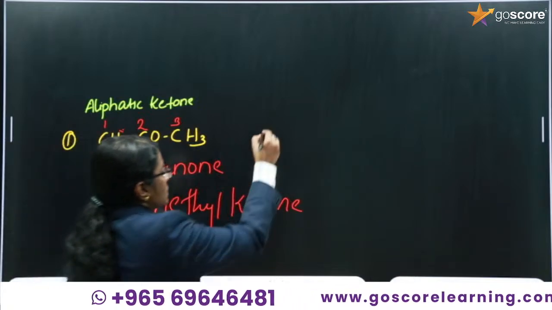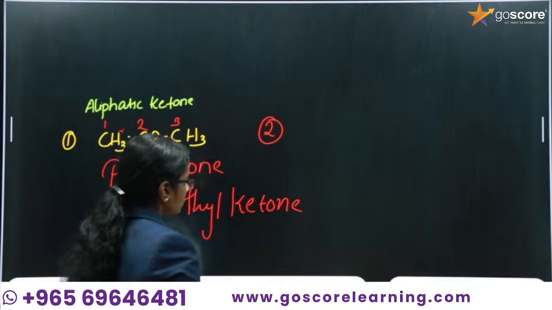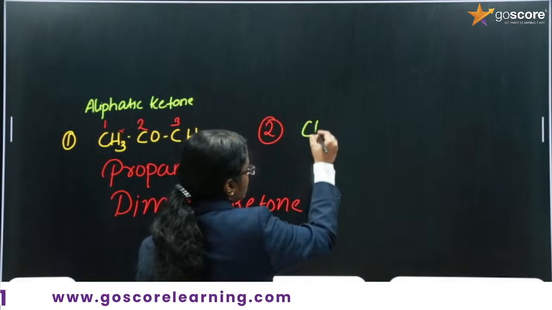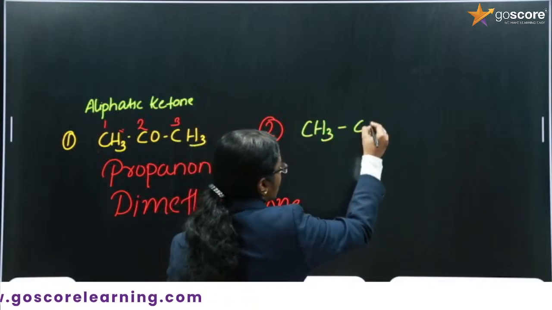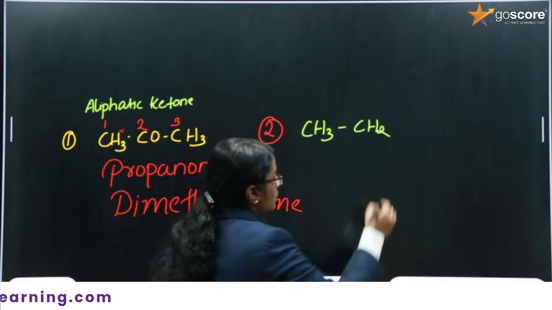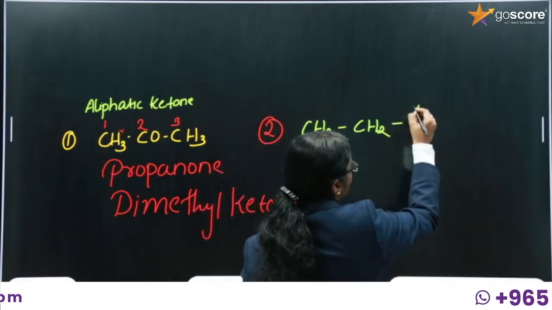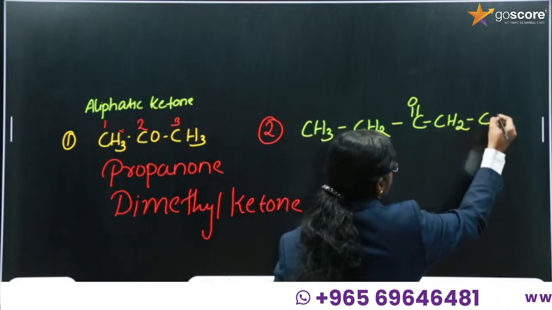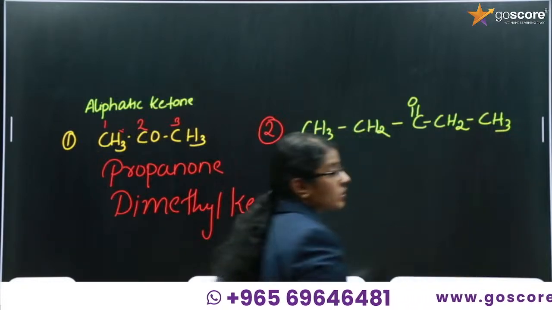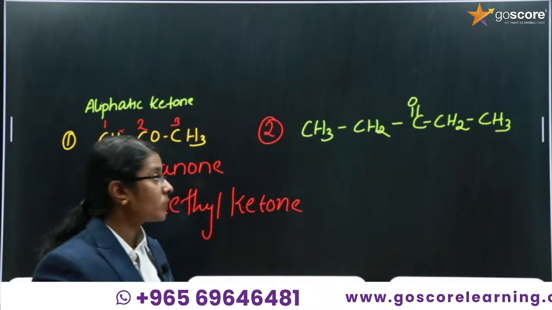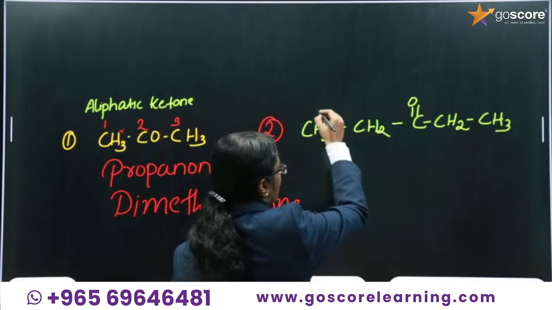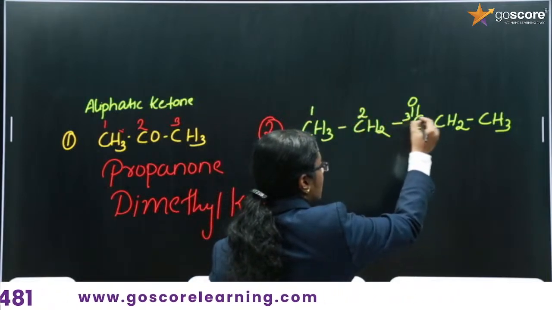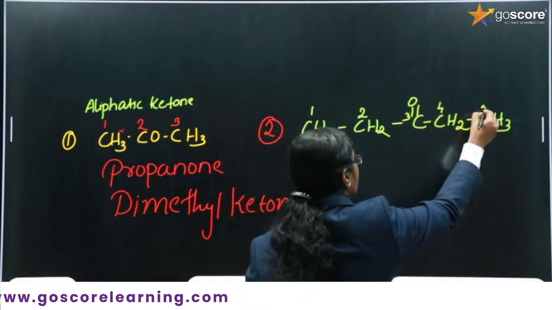The next example is CH3 CH2 C double bond O CH2 CH3. So what is the IUPAC name of this one? Count the number of carbon atoms: 1, 2, 3, 4, 5.